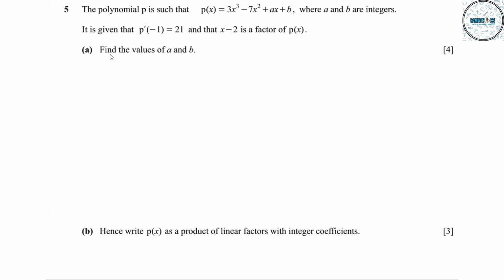So first of all, we will find the expression for the differential of p of x. When you differentiate this, you will get 9x squared minus 14x plus a. Now when you substitute minus 1 into this, it will be equal to 21.